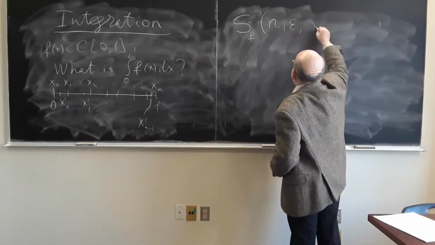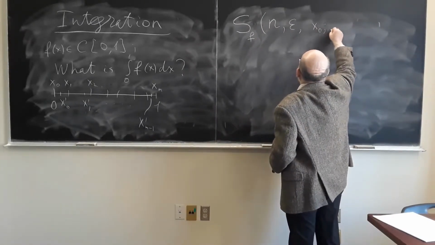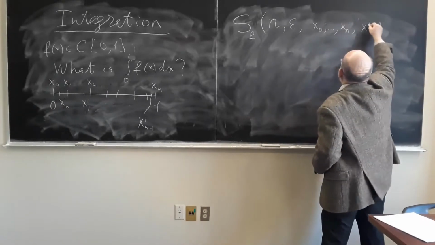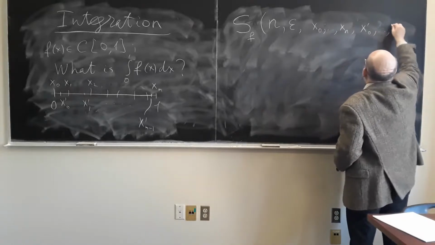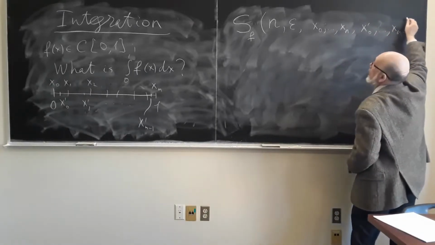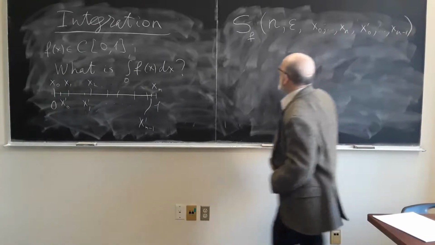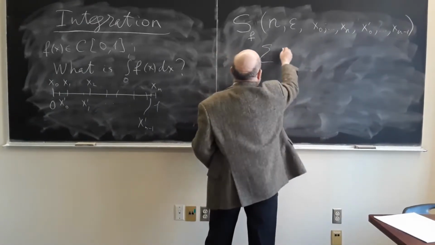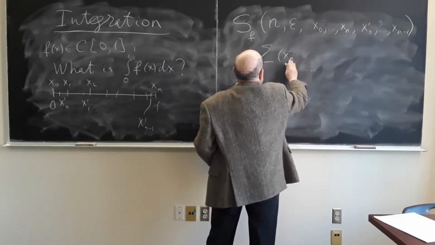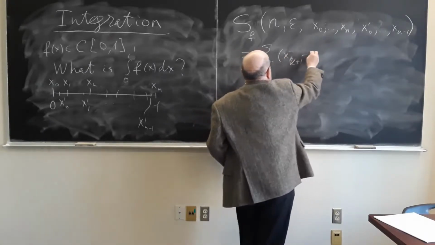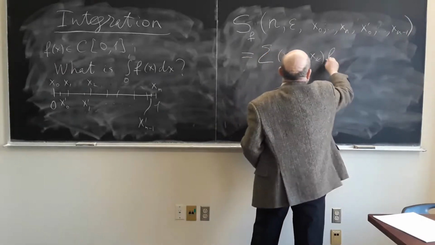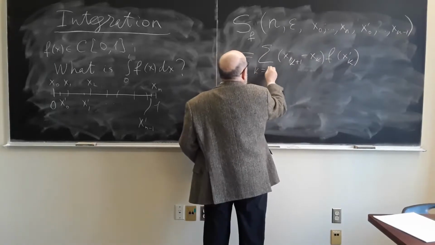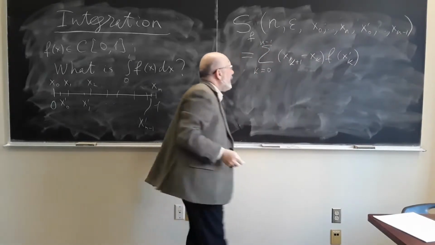It depends on x0, up to xn, and x0 prime, up to x(n-1) prime, and equals the sum over k from 0 to n minus 1 of (x(k+1) minus xk) times f(xk prime).